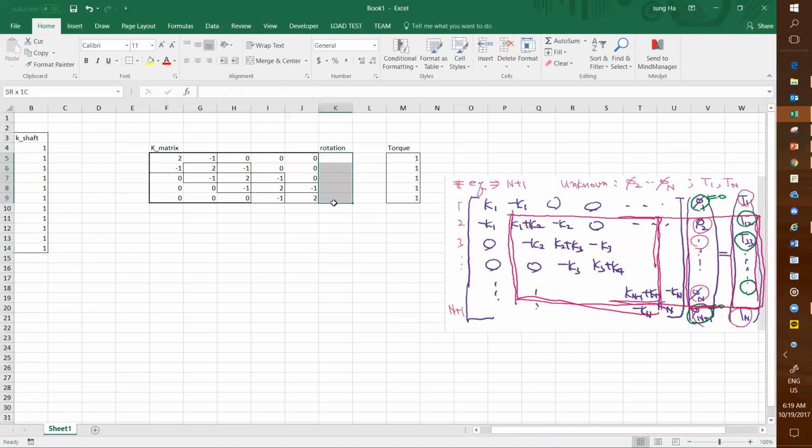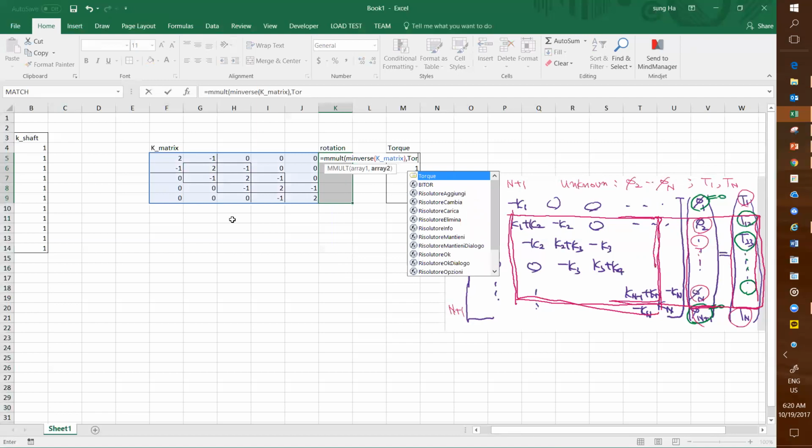And so here we simply can say matrix inverse, M inverse of the K matrix, and K inverse, comma, torque.